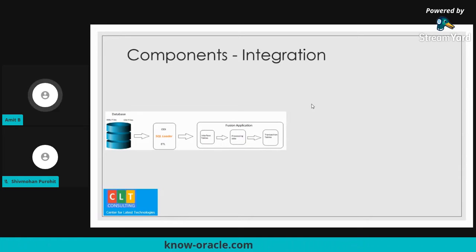And for Oracle Fusion, we have different interface tables, processing jobs, and transaction tables where the data would come from different sources. We could have data coming into the Fusion application or going out from the Fusion application to different systems or flat files.